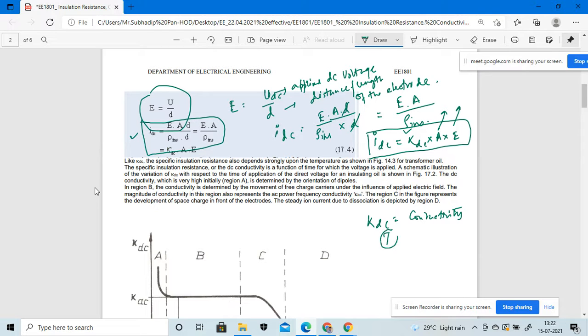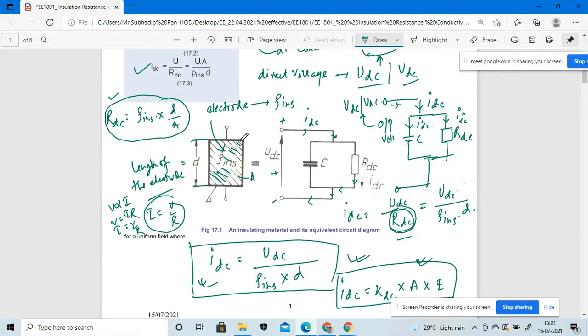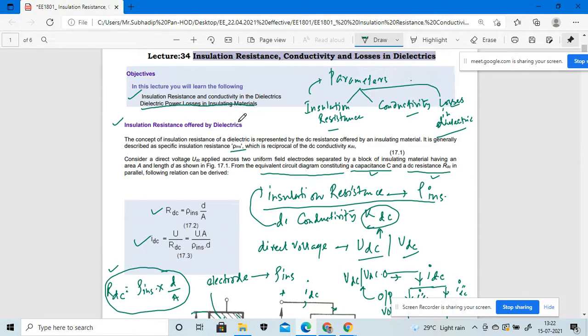At a particular temperature we have a greater conductivity, so due to this greater conductivity we can assume that we have a good dielectric, because we are defining different dielectrics.